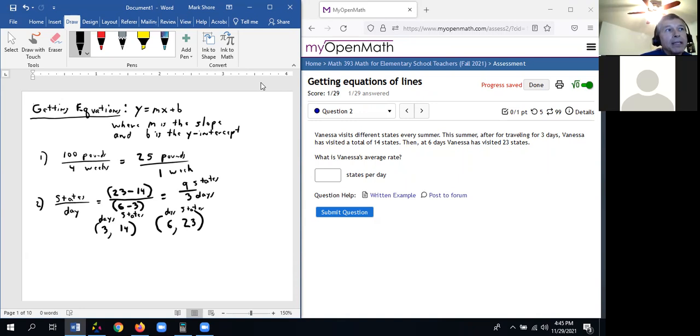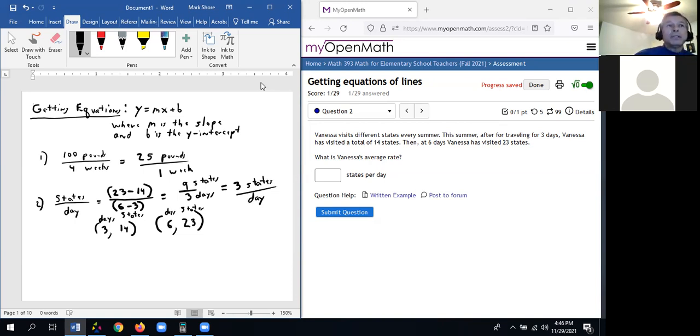I found out how many additional states she visited. Well, 23 minus 14 is 9. And then how many days have gone by? Well, she's at day 6 here. She's at day 3 here. Just subtract those and I get 3. Now just reduce that fraction down a little bit and you get 3 states per day. And there are people that are like that.